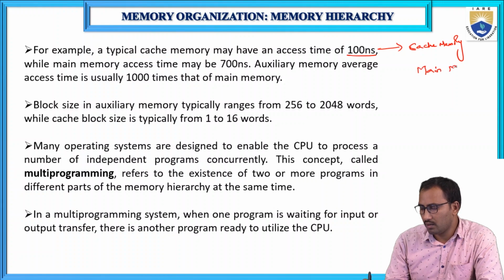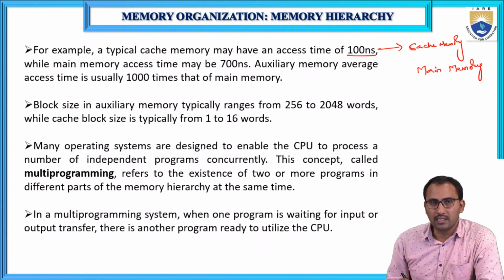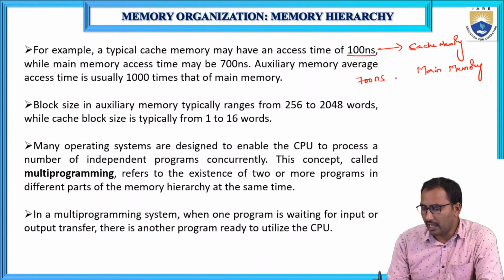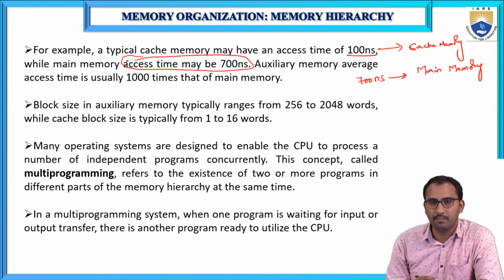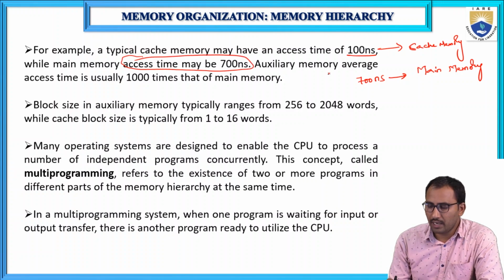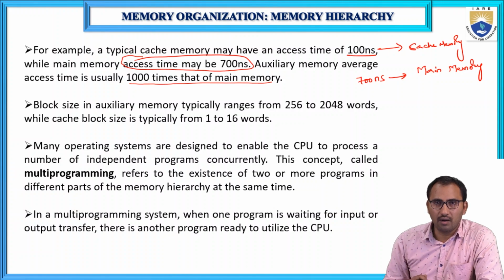The access time of the main memory is 700 nanoseconds. And the auxiliary memory average access time is usually 1000 times that of the main memory, so the auxiliary memory devices are very slow.